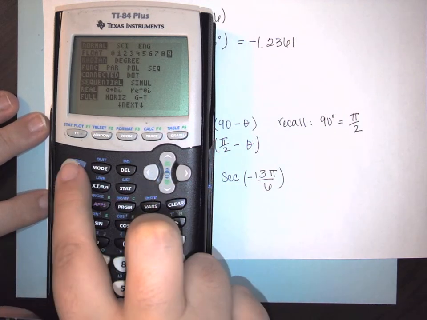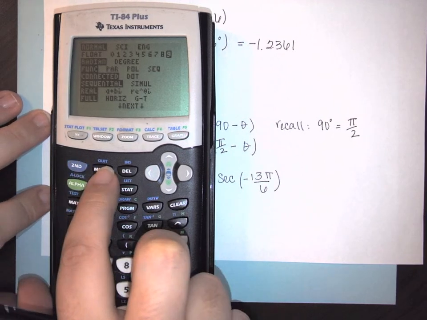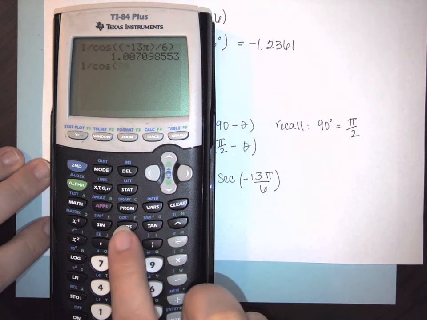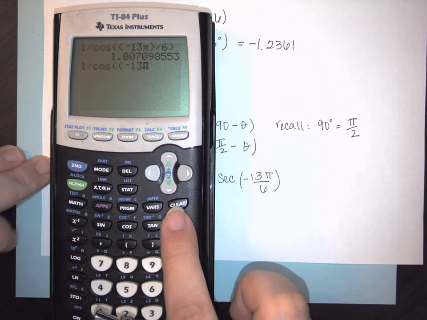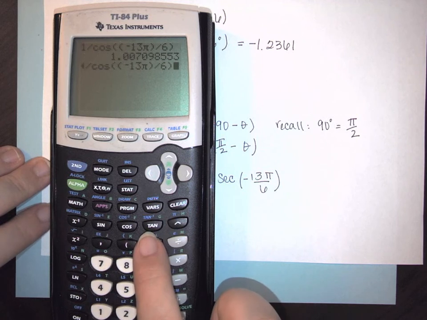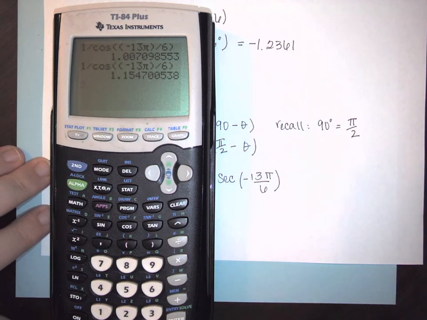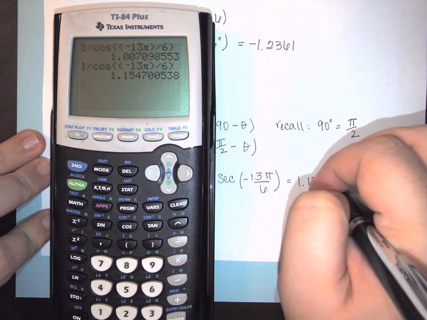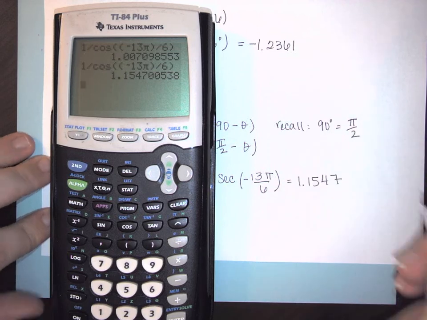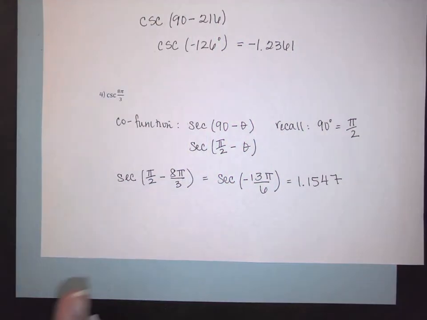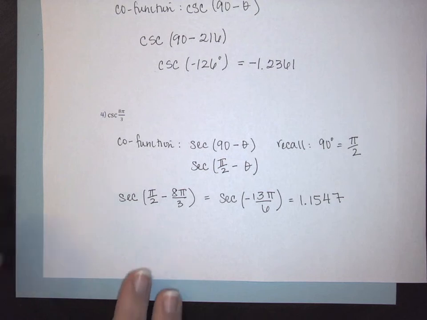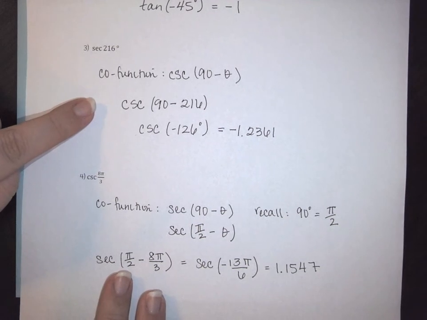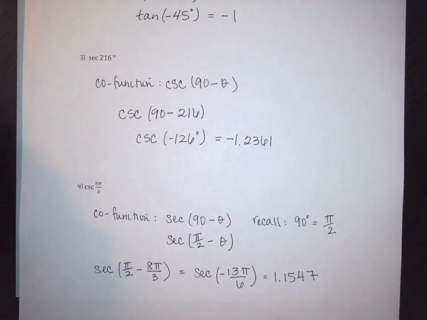One of the things you'll notice, and I do it all the time, is you always need to double check your mode. I always tend to forget. So let's try this again: 1 divided by the cosine of -13 pi divided by 6. Close it, and that's a little bit better. We get 1.1547 as our result. Remember, if you're working with pi, those are your radians, so make sure your calculator's in radian mode. If you're working with degrees, then make sure your calculator is in degree mode.